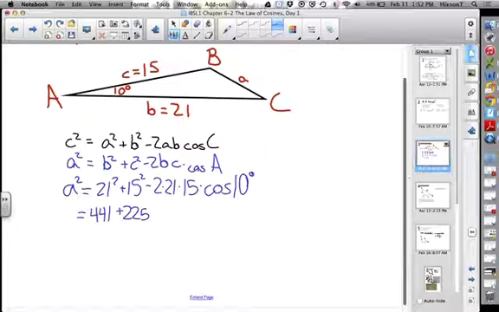And 2 times 21 times 15 is 630. So minus 630 times whatever the cosine of angle 10 is.